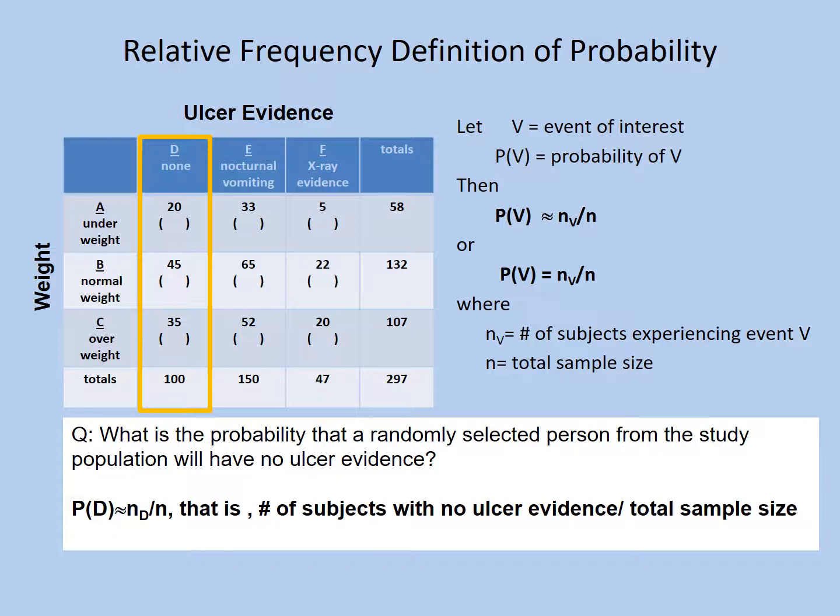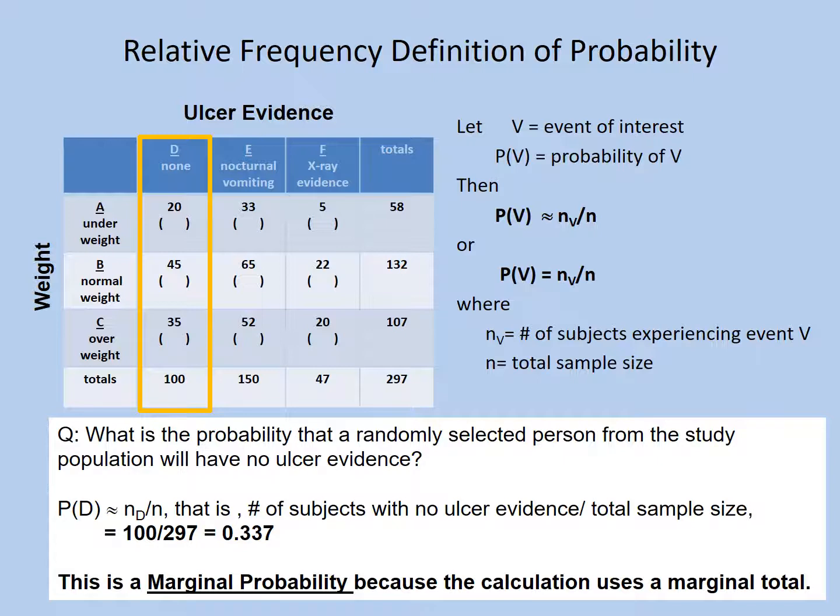Thus, P of D is estimated to be N sub D over N, that is, the number of subjects with no ulcer evidence divided by the total sample size. For our calculation, N sub D over N equals 100 divided by 297, which equals 0.337. This is a marginal probability because the calculation uses a marginal total.